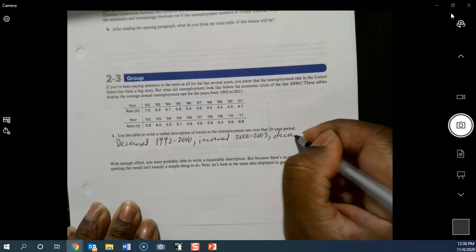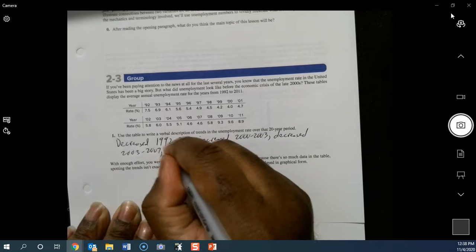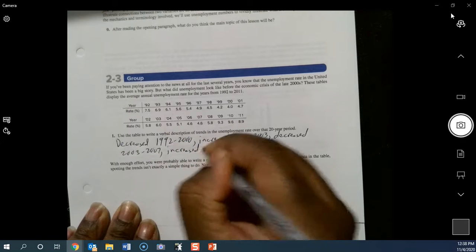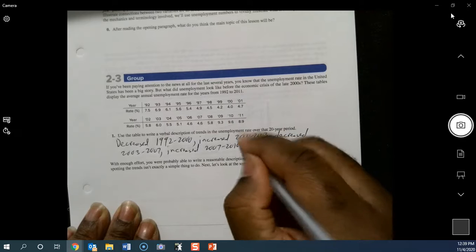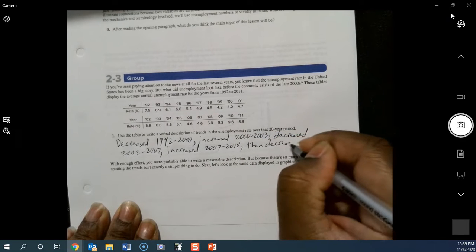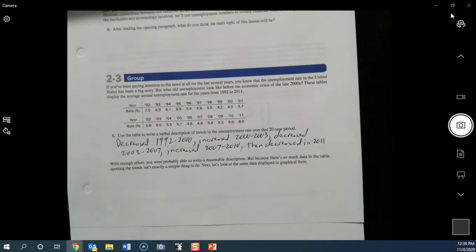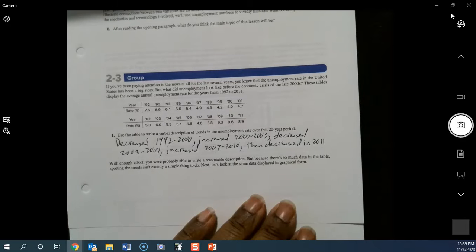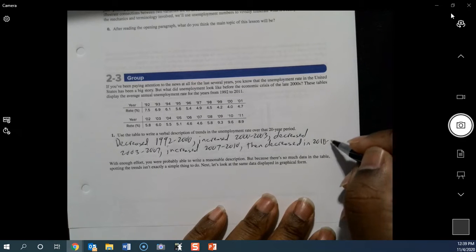It decreased 2003 to 2007. It increased 2007 to 2010, then decreased in 2011. Well, actually, I should have said it decreased from 2010 to 2011.